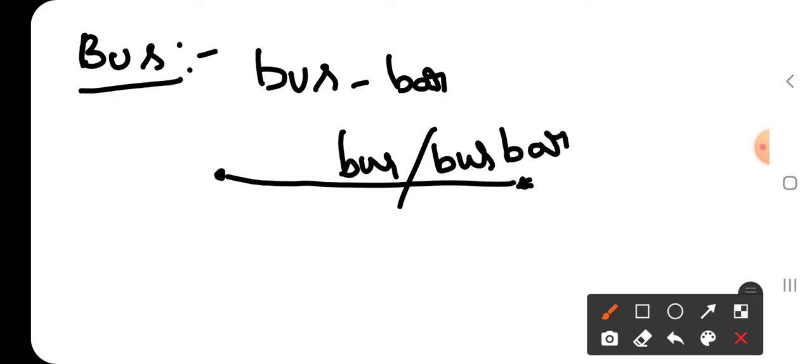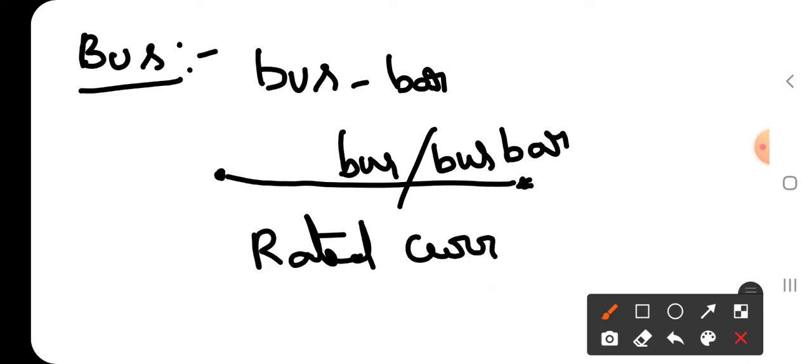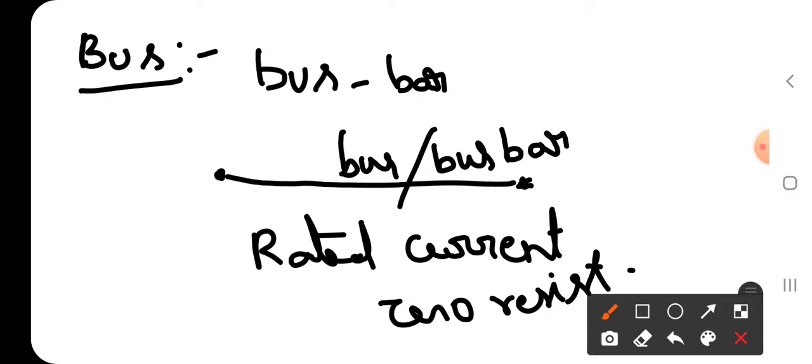It offers zero resistance for rated current. As the resistance is zero, the voltage drop is also zero, because V is equal to IR according to Ohm's law.